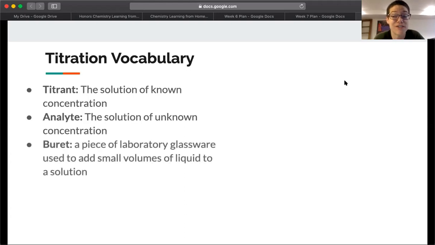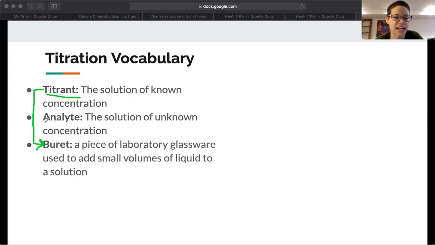So you always have the known and the unknown. And to do titration, we use a burette. Which of those two things goes in the burette? The thing you know or the thing you don't know? The titrant, the thing you know. So the titrant is always going to go into the burette.